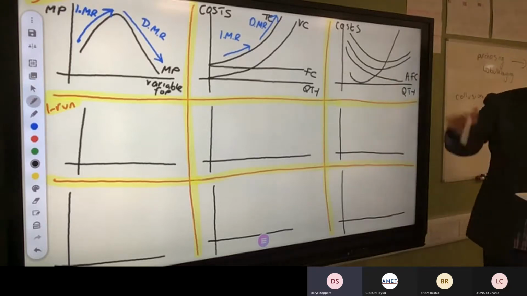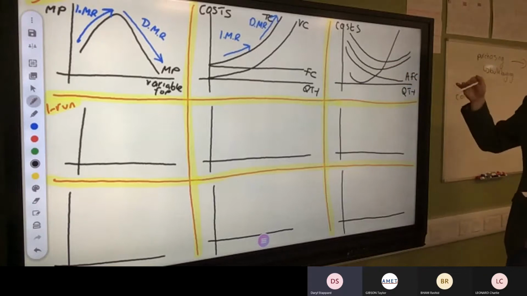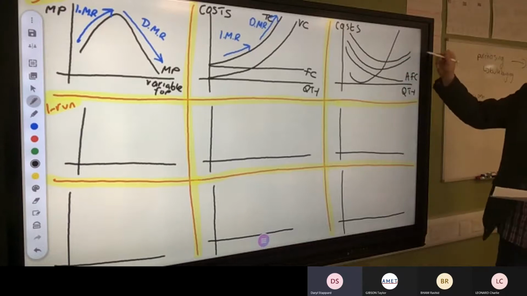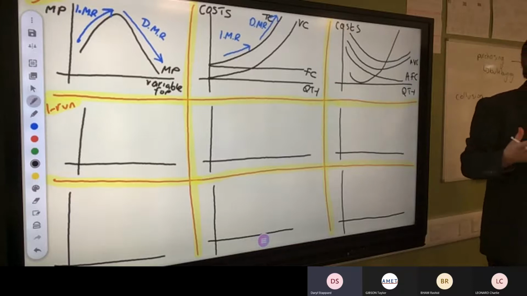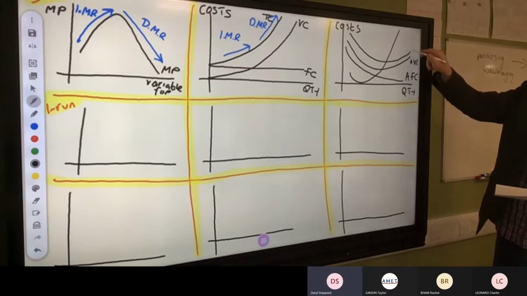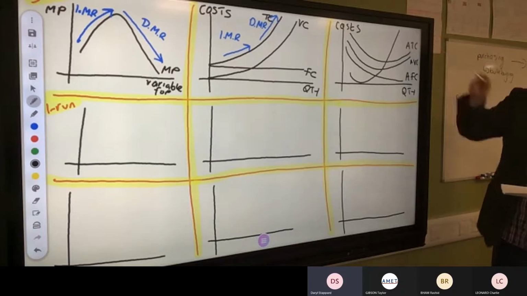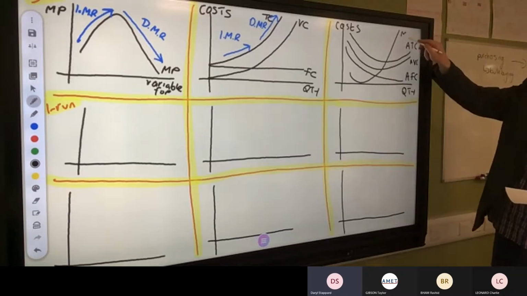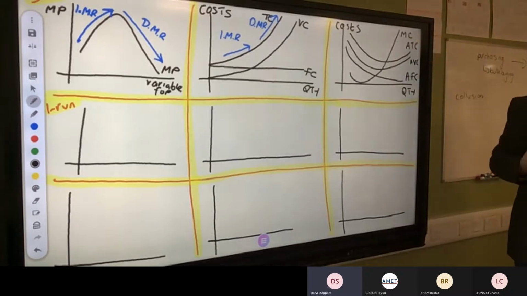So the idea will be that average fixed cost will always fall with output because we're spreading that fixed cost over a bigger output as output expands. We've then got this U-shaped average variable cost, and we'll think about why this is happening in a moment or two. We add them both together, and we get the average total cost curve. This top one is the marginal cost curve.